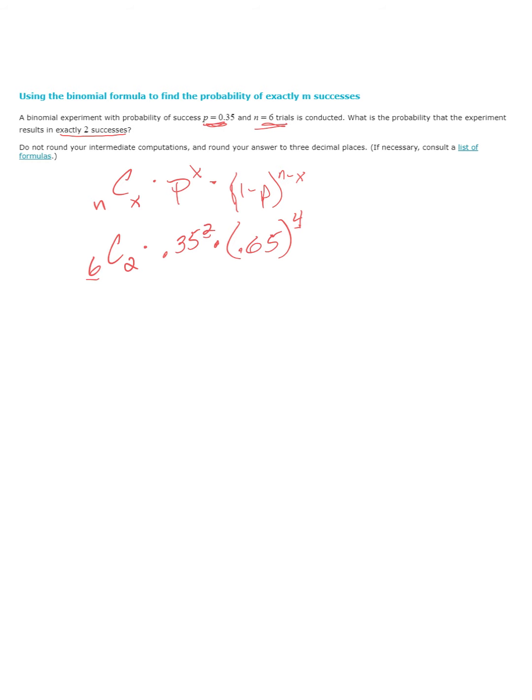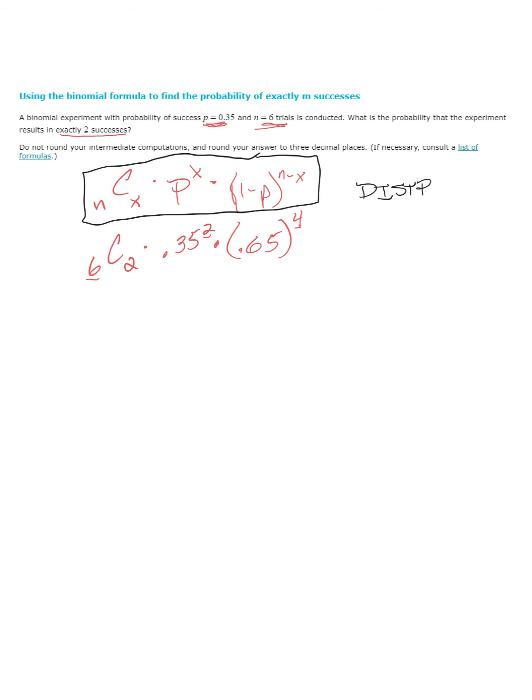Now, your calculator, your TI, does this for you. It's got this formula stored in it, and all you have to do is type in the N, the P, and the X, and it gives you the answer. So let me walk you through that. On your calculator, there is a distribution button.